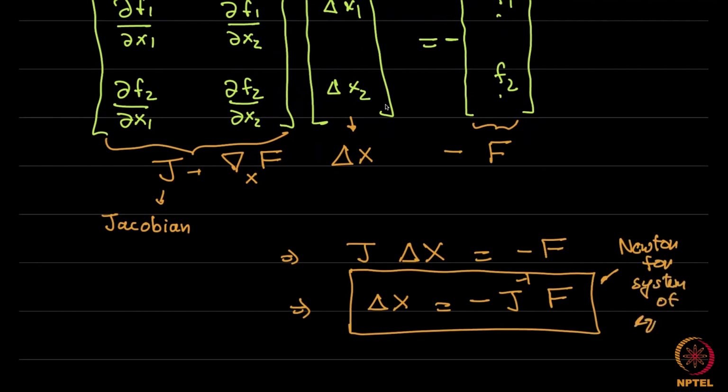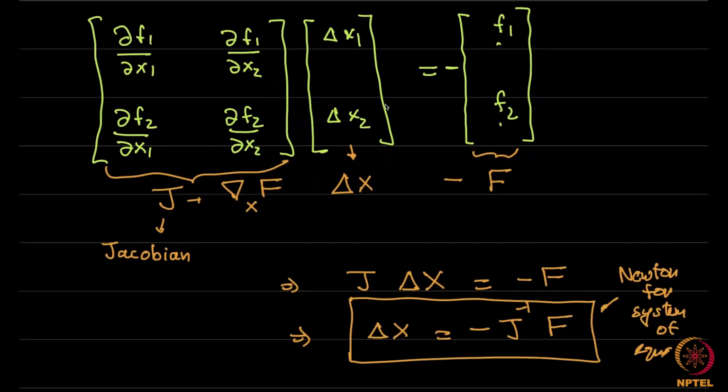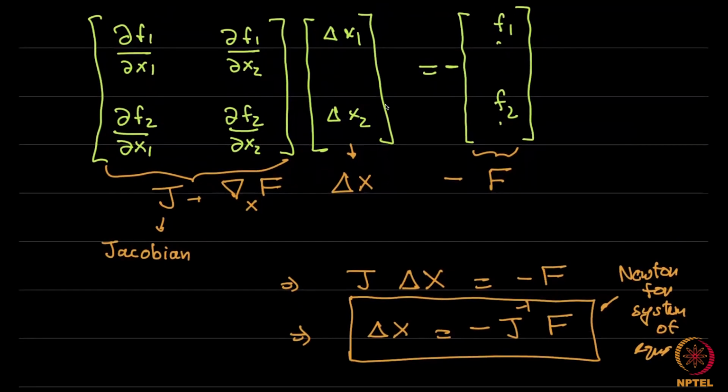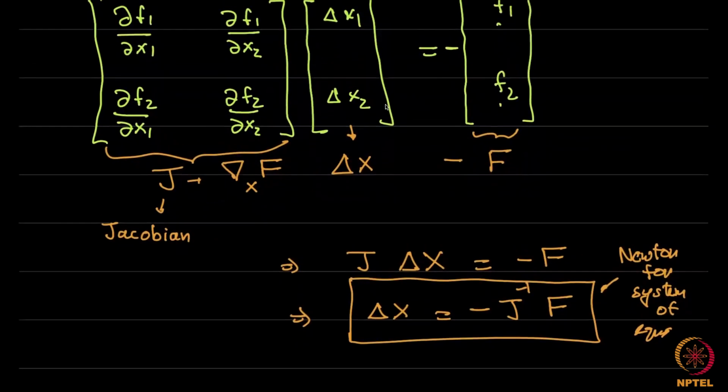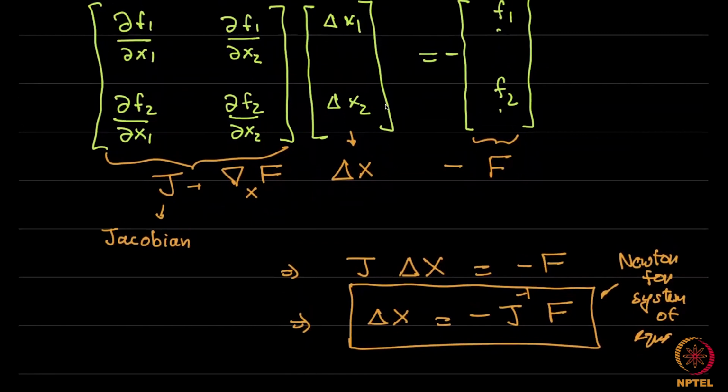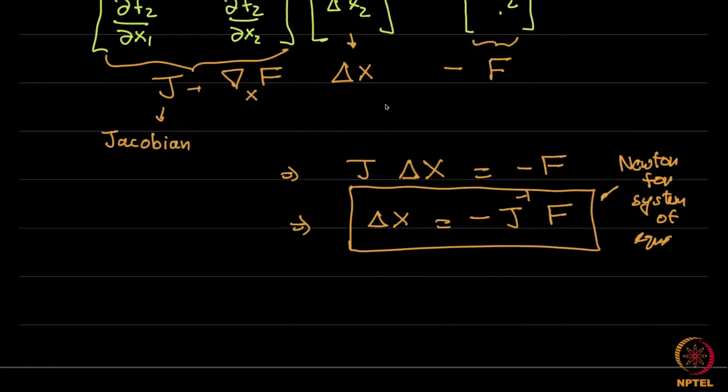How so? Very simple. Once you have a guess for x, you write a linear equation for delta x: how much should I change x? And that equation becomes this. Now notice, J actually is a gradient. It is very much like the gradient of f with respect to x.